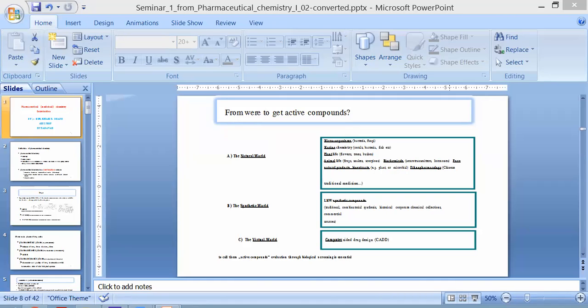And based upon the knowledge of their structure, their metabolites in our body, which type of enzymes act on that drug molecule, their receptors, and many biochemical processes, we are going to do the pharmaceutical research on that drug molecule.